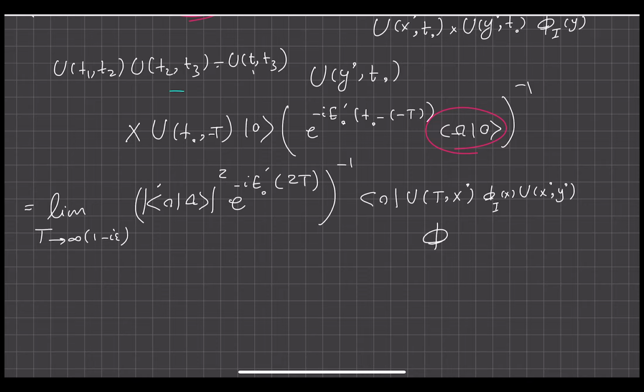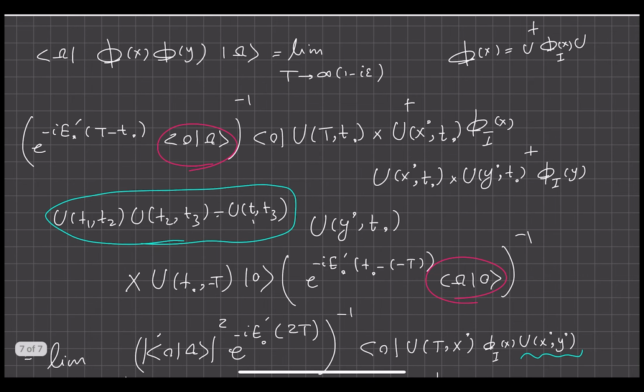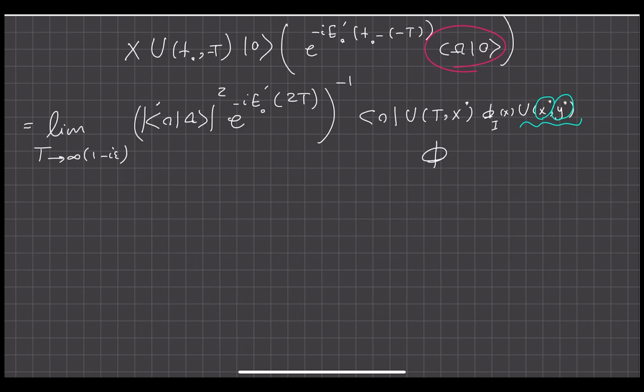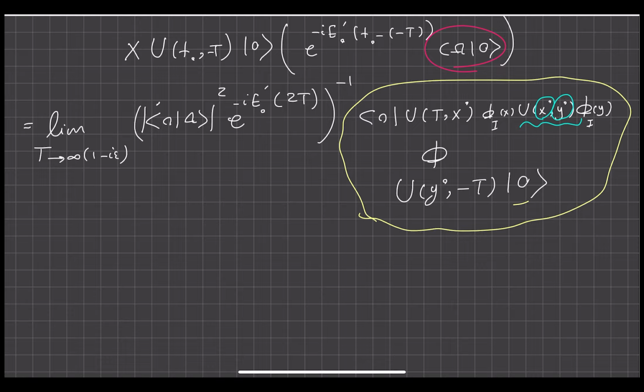Because we know this property of U, we basically take this entity into one entity of x0 to y0. And then you have phi I of y, and the last term U of y0 to minus t over the state of vacuum. Now, if you look at this side, everything here is basically known. So you only have the expectation value of the free vacuum that you know how to calculate.